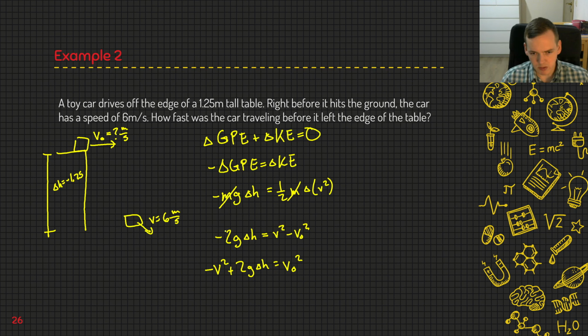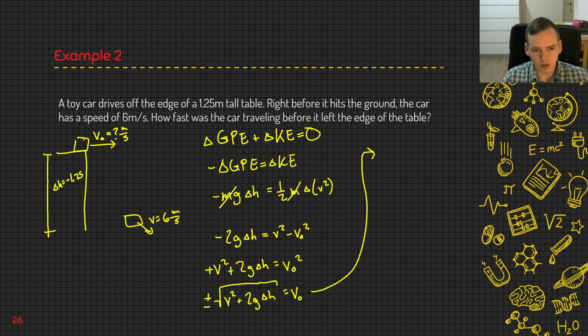So if I move the V squared, so that should be a plus. Yeah, I flipped some negatives too quickly in my head. So V naught squared moves over, 2g delta H moves over, everything becomes positive. Then we're going to square root it. So we're going to get plus or minus the square root of V squared plus 2g delta H equals V naught.